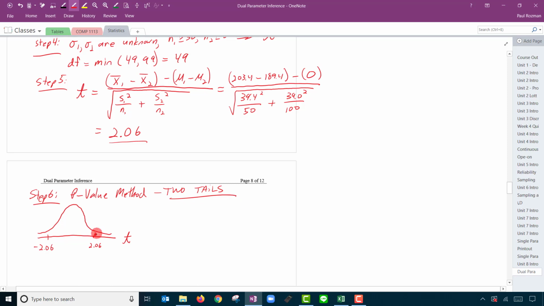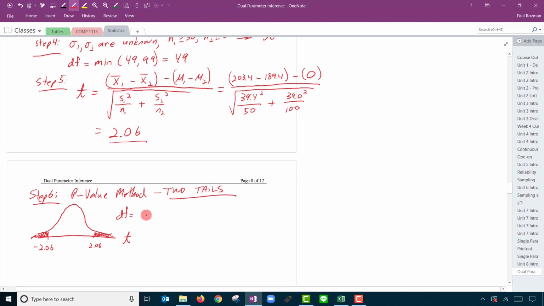And the p-value is the area to the right of positive 2.06 and the area to the left of negative 2.06. Our t-table doesn't have negatives in it, so let's look up positive 2.06. But we need to know what our degrees of freedom are, and we already decided what they were.